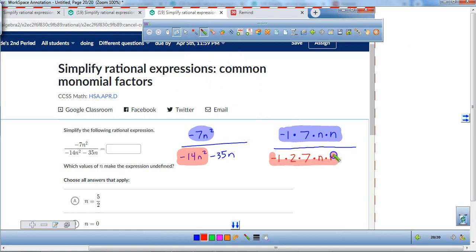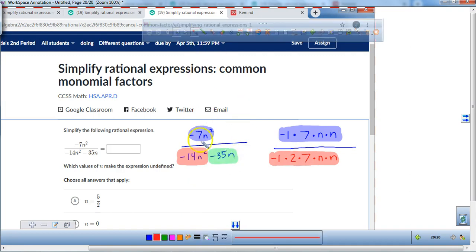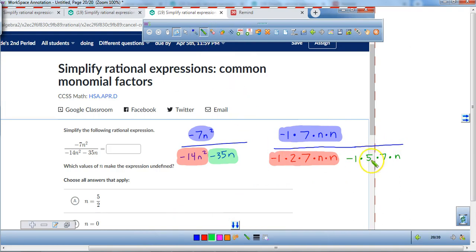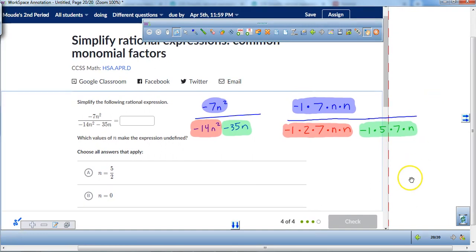Negative 35n breaks down into a negative 1 times a 5 times a 7 times an n. So all I've done is broken these down into its factors. It's prime factors, actually.